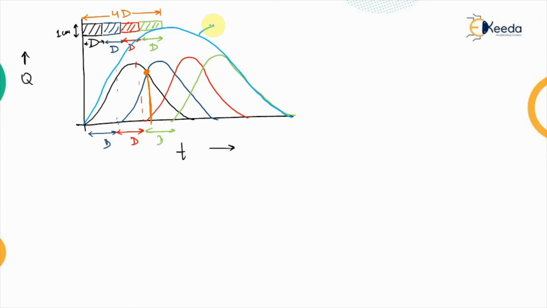So this will be the 4D hour unit hydrograph. If initially we have, let's say, a 2-hour unit hydrograph, then we can plot an 8-hour unit hydrograph or 4-hour or 6-hour or 10-hour, whatever be the multiple of 2 hours.